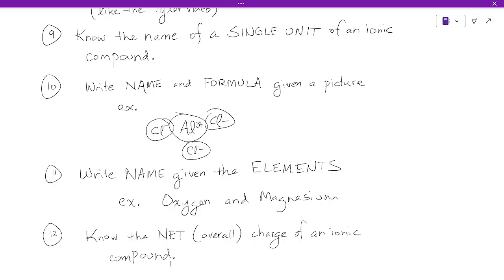Anybody else need a copy of the list we just wrote? Anyone else? We're good? Okay.